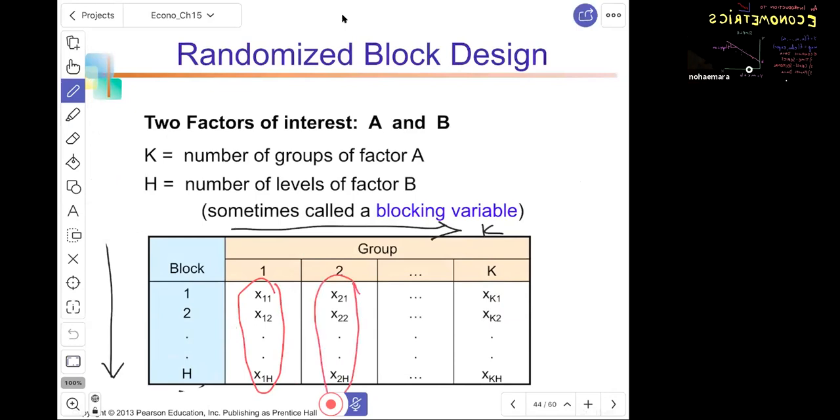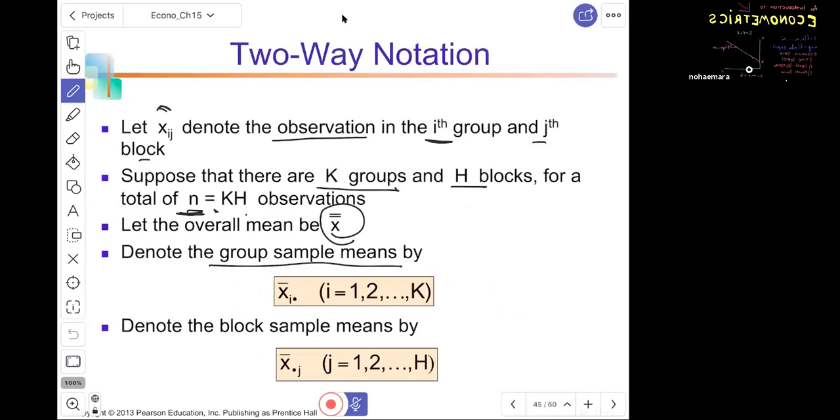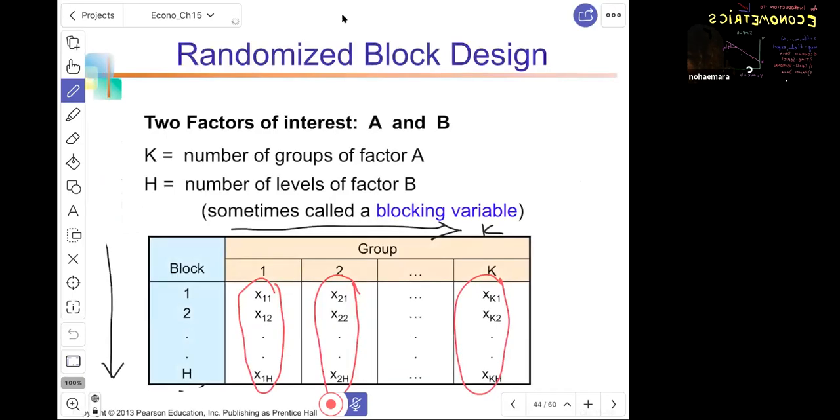Same here, this is the mean of group 2, and this is the mean of group K. So we do have K of these, right? That's why the i goes from 1, 2, 3, 4 all the way up to K, because I do have K groups.